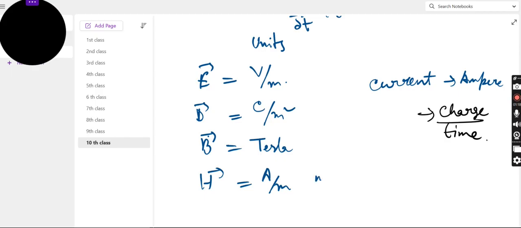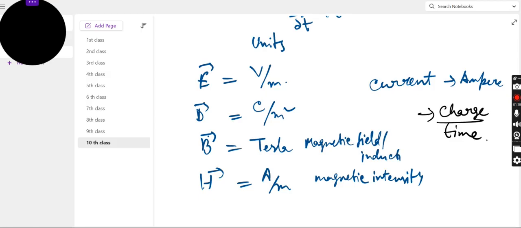That is called magnetic intensity. H is magnetic intensity, B is magnetic field or induction.